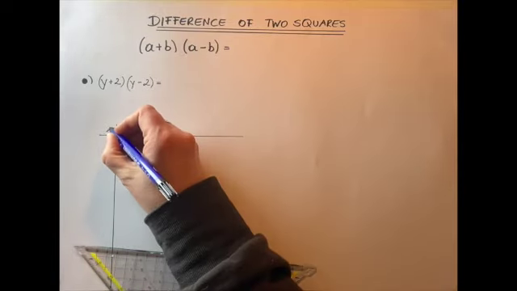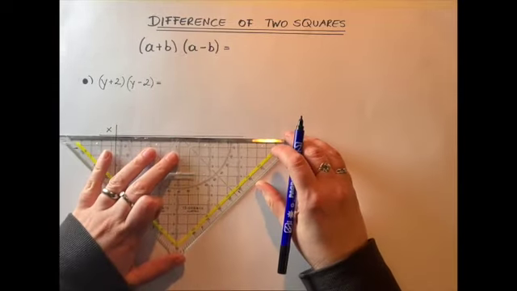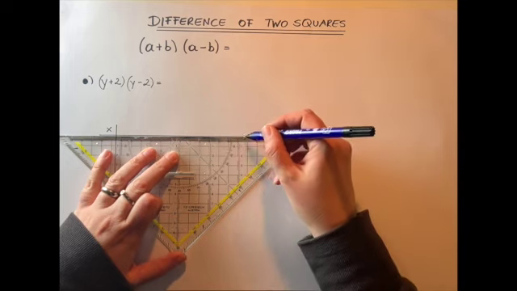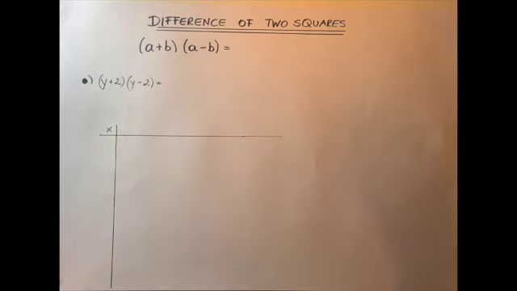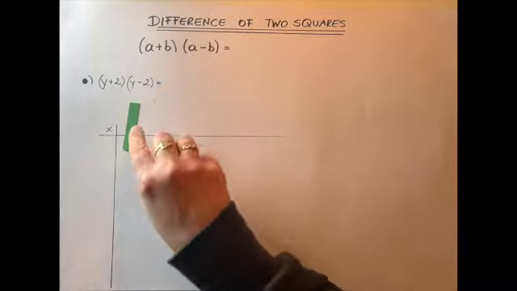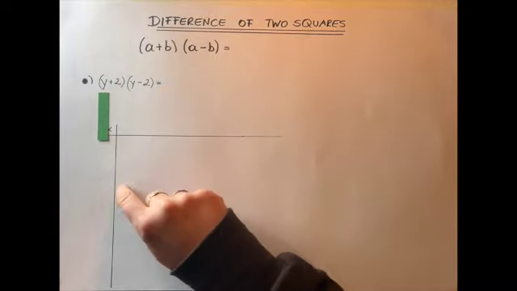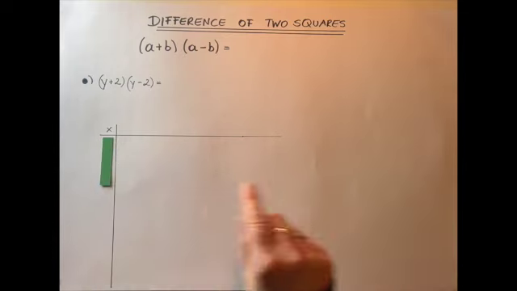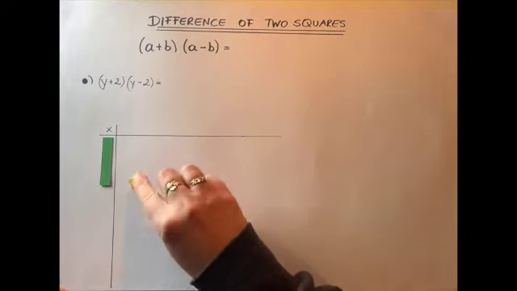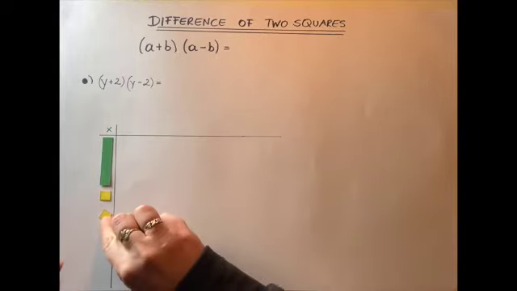Multiplication grid has a multiplication sign here. Might make it a little bit longer. So there we go. So let's get started. So to represent our y, I'm going to use those green tiles. And we know already the first bracket goes in the first column here. We have one y, and we have got 2 units that I need to put here.